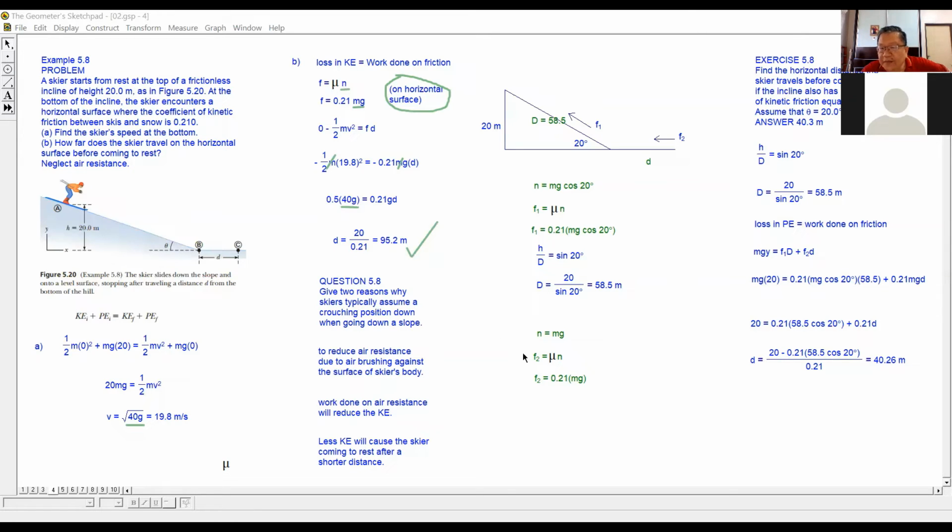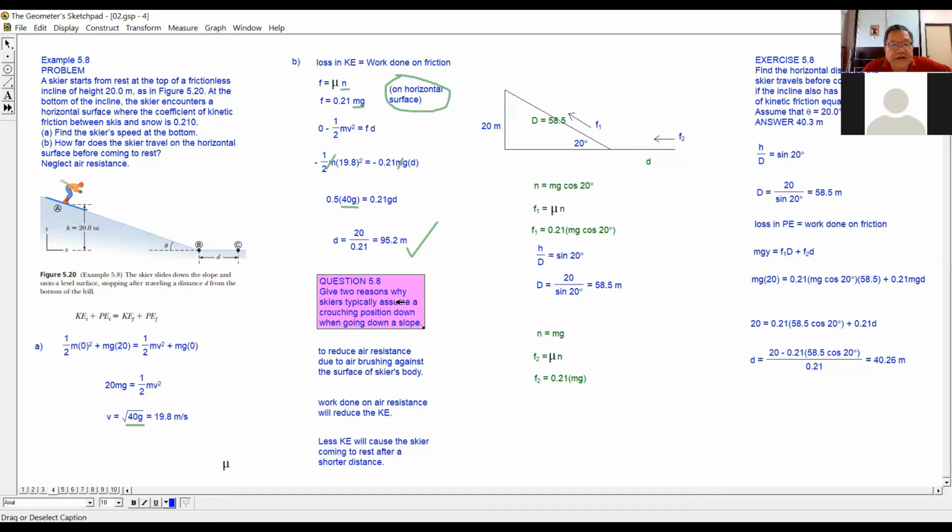Any questions so far? No questions, sir. So for the first part, we use the conservation of energy. The second part, we use the work energy theorem. Energy is converted into work done.